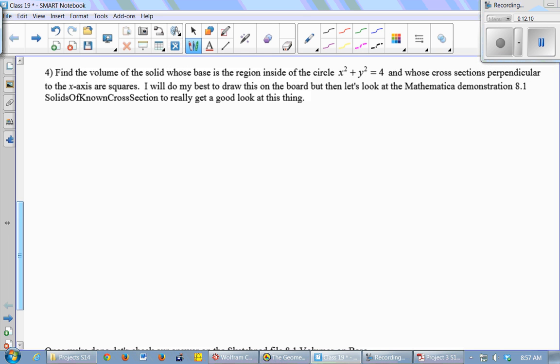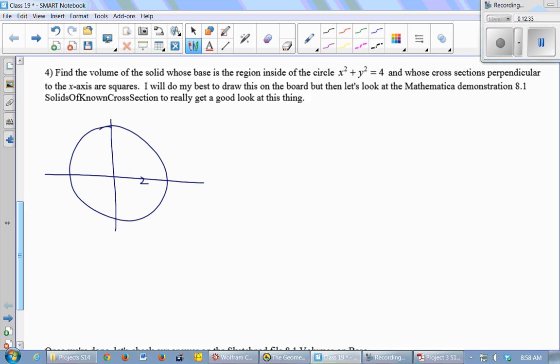Okay, so this is where we're going to start making things a little bit different. We want to find the volume of a solid whose base is the region inside the circle x squared plus y squared equals 4. So that's the base of my region. I can graph that. X squared plus y squared equals 4 is just a circle of radius 2.